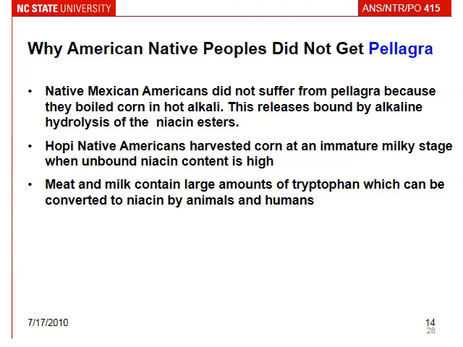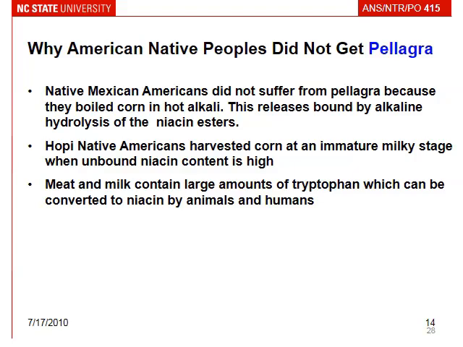Hopi Native Americans harvested corn when it was still immature, so the niacin was not bound into these esters, and so it was still rather available. And at the same time, the majority of these Native Americans also consumed a large amount of meat and milk, and so they were able to convert the tryptophan.